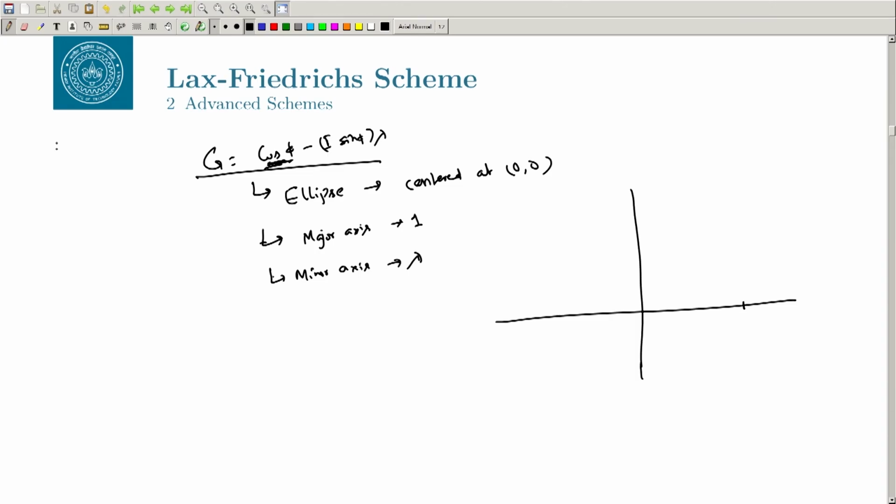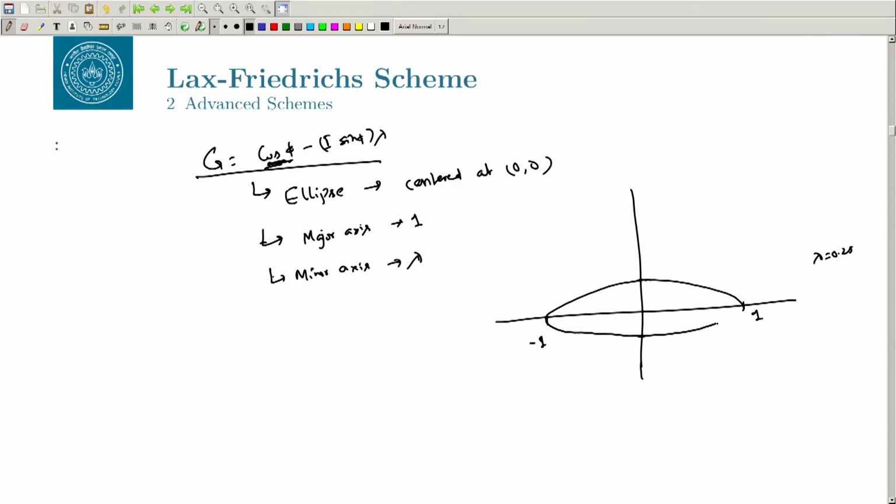So, if you want to plot this, make this 1, okay, let us say this is 1 and minus 1, and take the value of lambda equal to 0.25, right. So, if this is your 0.25 and this is your 0.25, this is your ellipse.